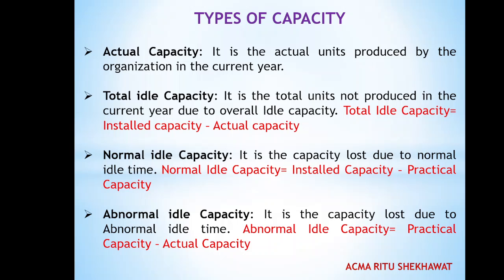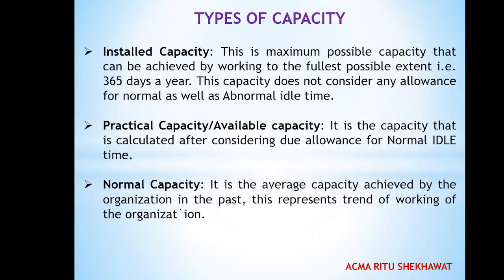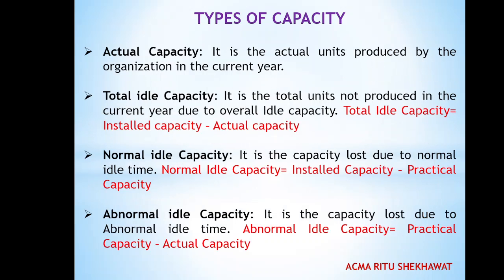Normal idle capacity is installed capacity, that is maximum capacity, minus practical capacity, which is considered after due allowance for normal idle time. Last but not least, abnormal idle capacity is the capacity lost due to abnormal time. Abnormal idle capacity is equal to practical capacity minus actual capacity.